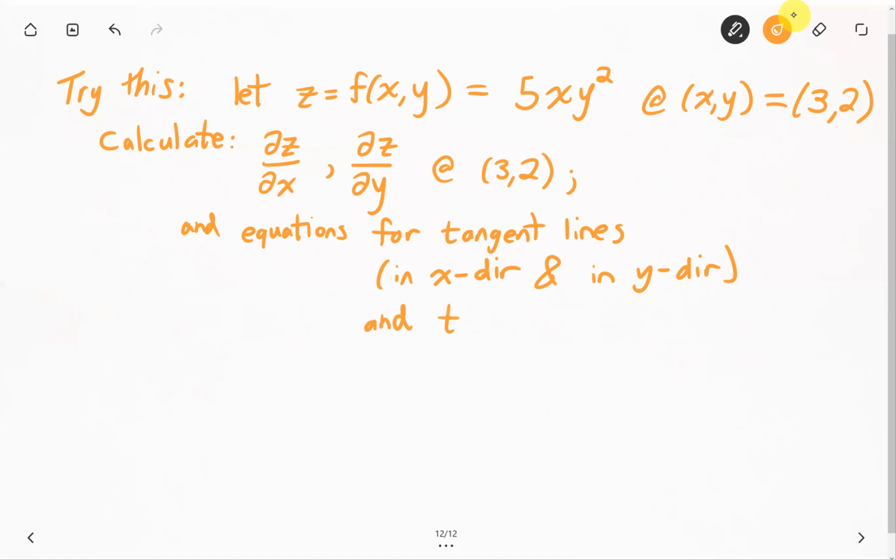And the tangent plane. You'll need to figure out the full point, (3, 2, what?), which is on these lines and this plane. You'll need to use the slope vectors, which we talked about for the tangent lines, and calculate the normal vector for the tangent plane. All right, good luck.